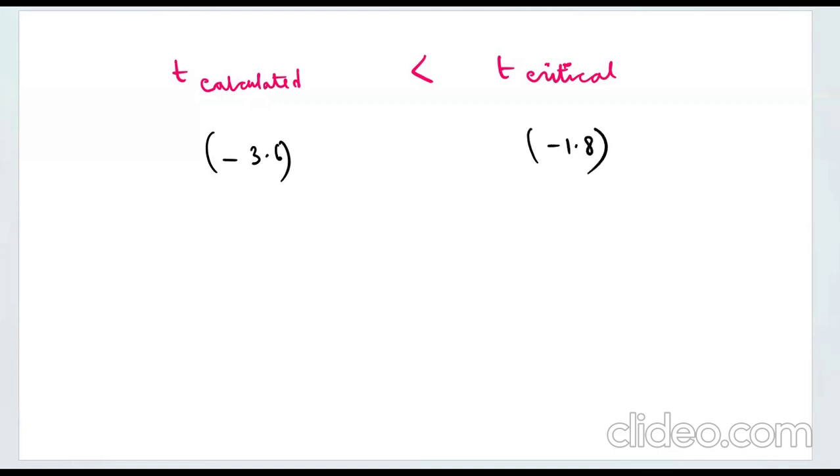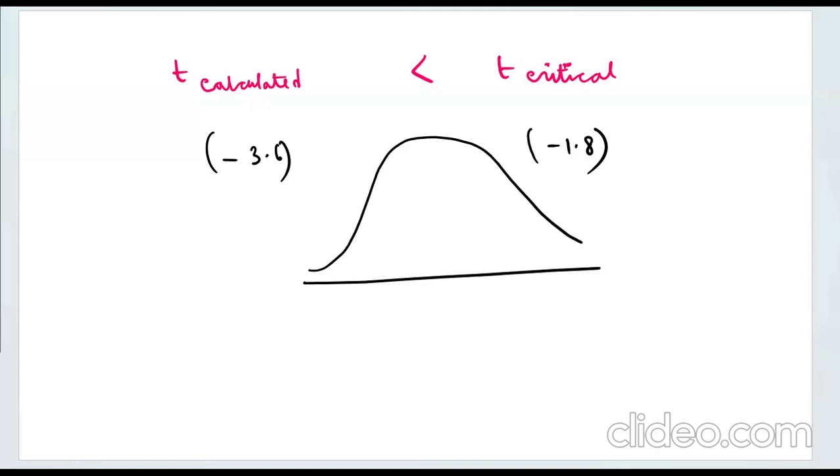If you again draw the diagram for your convenience, here you have 1.8, here you have minus 1.8. These are the critical values, and your calculated value, minus 3.6, lies in the rejection region, right? It is in the rejection region.